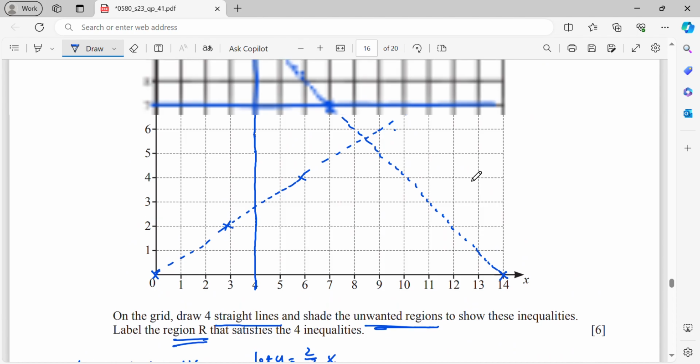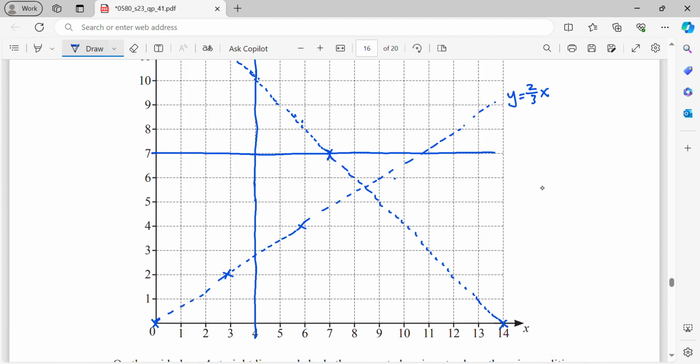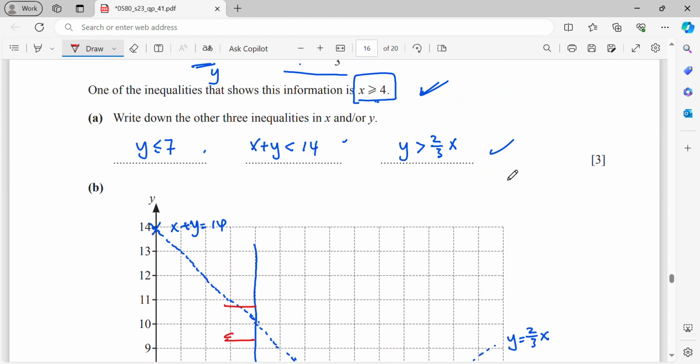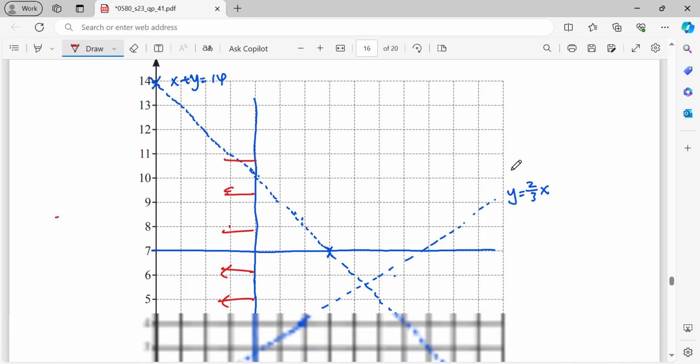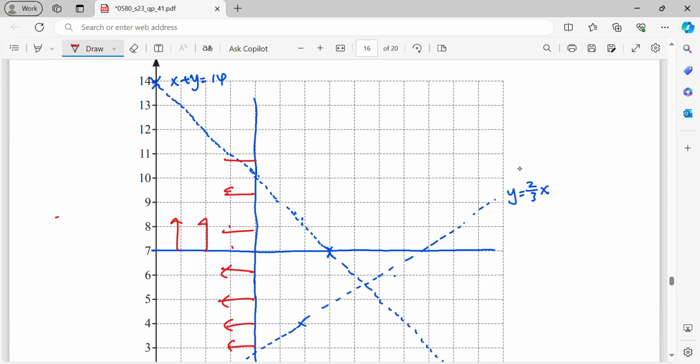Okay, x less than 4 is basically this side. And then y less than or equal to 7. The unwanted will be greater than 7.